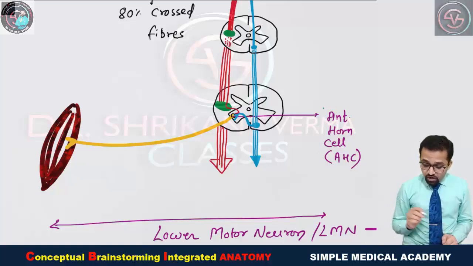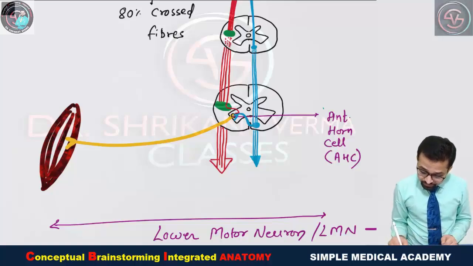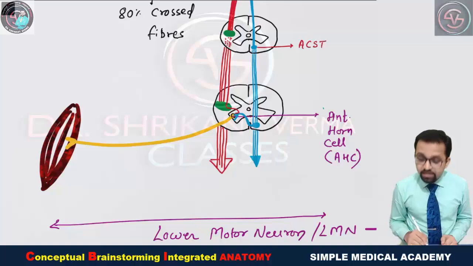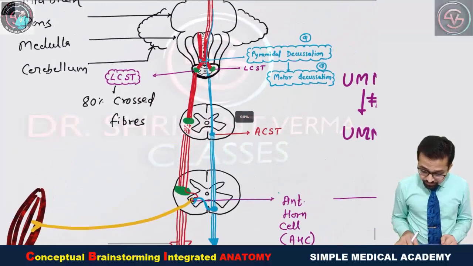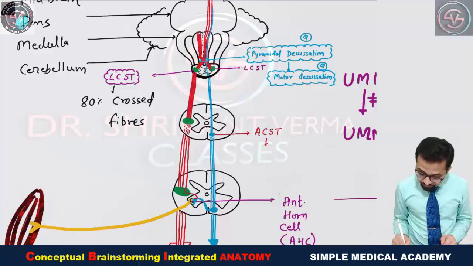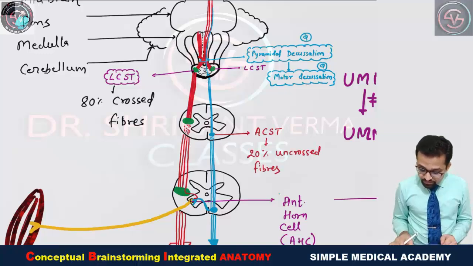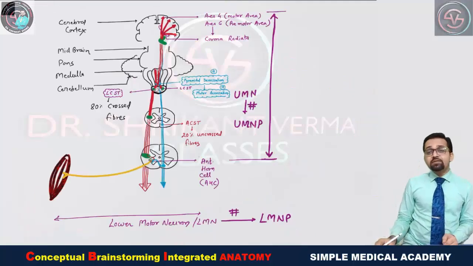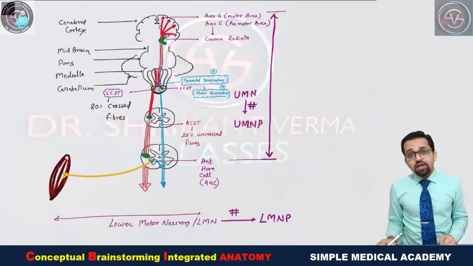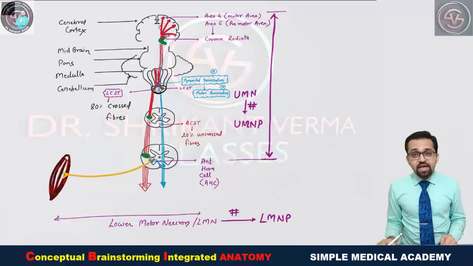So now it is also controlling the same anterior horn cell. So this is the pathway of the anterior corticospinal tract, because these are situated on the anterior side. What we have to remember is that this is formed by 20% uncrossed fibers. So this is the entire pathway of the lateral corticospinal tract as well as the anterior corticospinal tract.